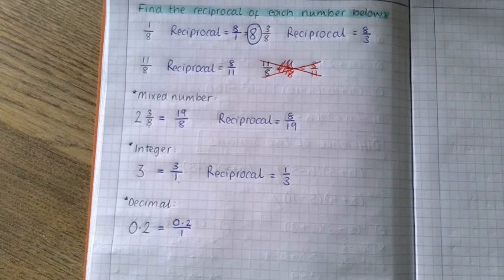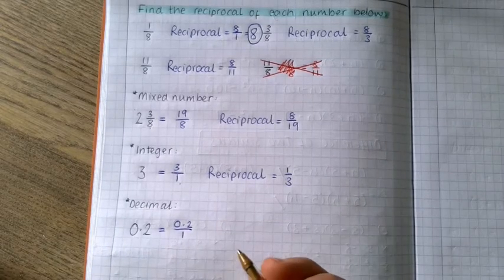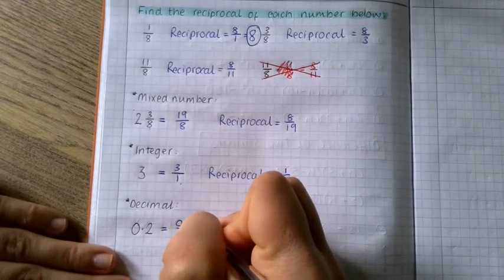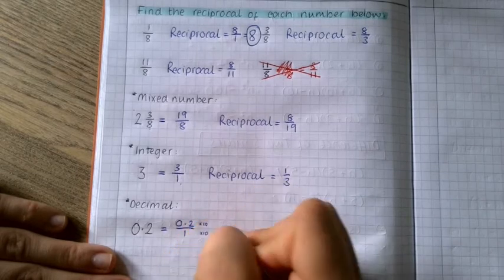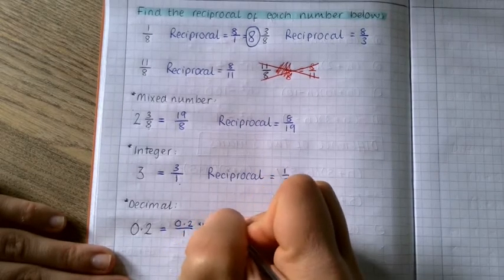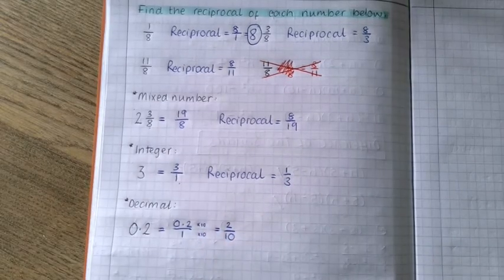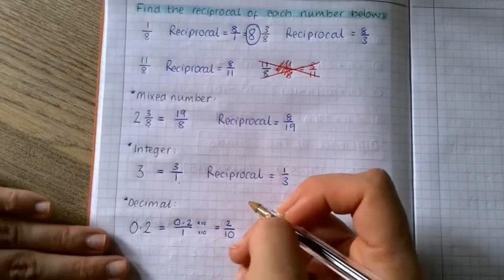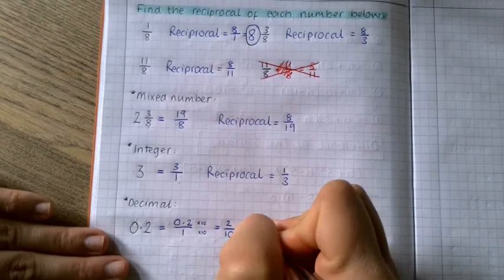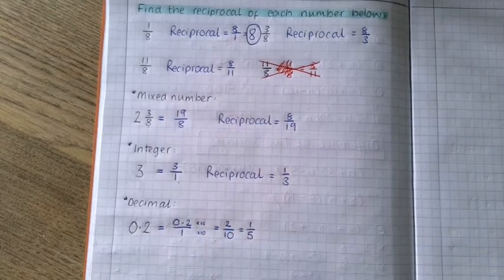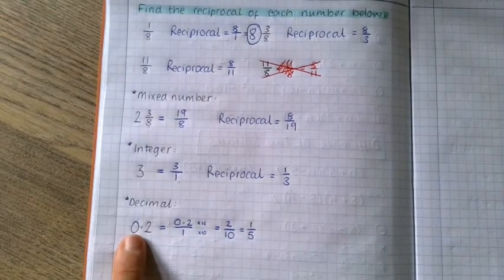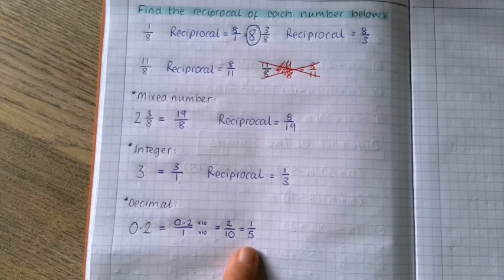And then, because I shouldn't have a decimal in a fraction, I'm going to multiply by 10 to get this into 2/10, and then I'll simplify that to get myself 1/5. So 0.2 is equal to 1/5 as a simplified fraction.